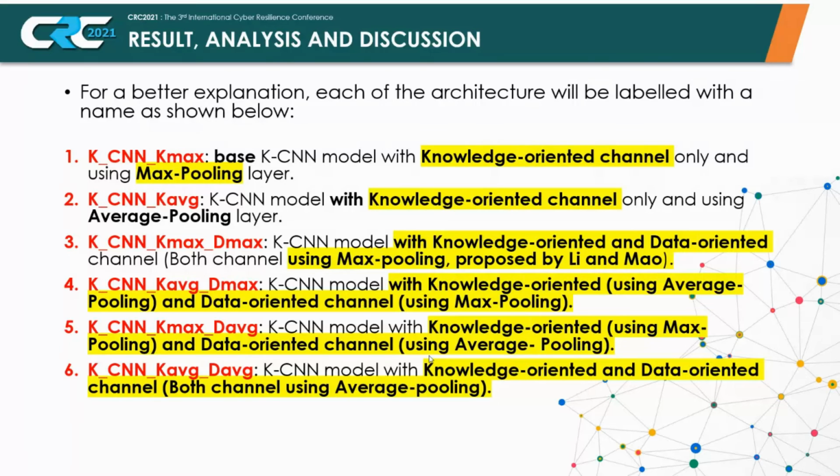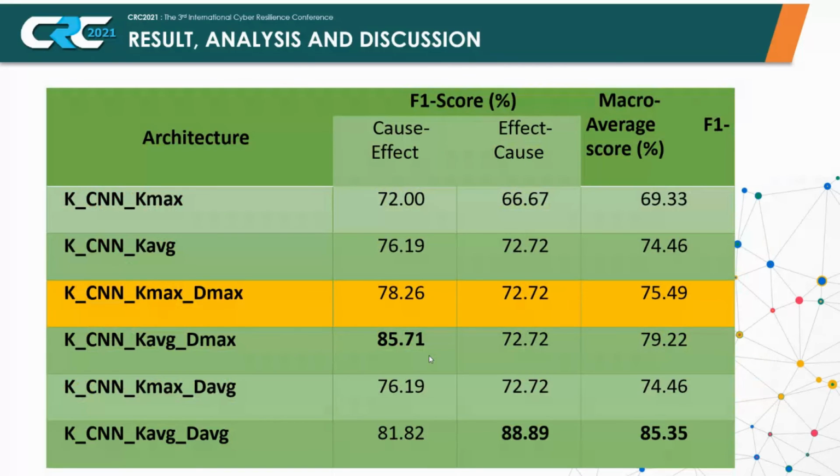The fourth, fifth, and sixth are modified from the architecture proposed by Lee and Mao, where we change the pooling layer from the max pooling layer to the average pooling layer, and we interchange the average and max pooling layers to see which is more suitable for the SCS data. From this table, we can see that the highest score for cause-effect is KCN with K average and D max.